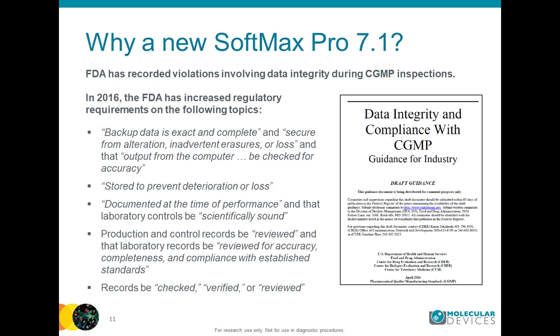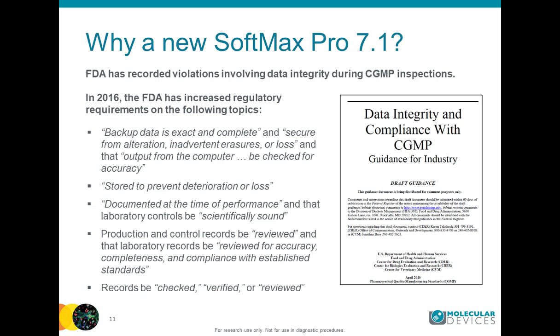Direct quotes from this guideline are that backup data is exact and complete, secure from alteration, inadvertent erasures or loss should be prevented, and the output should be checked for accuracy. Furthermore, data should be stored to prevent deterioration or loss, documented at a time of performance. This refers to raw data.